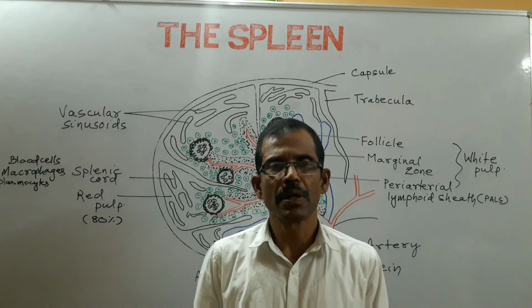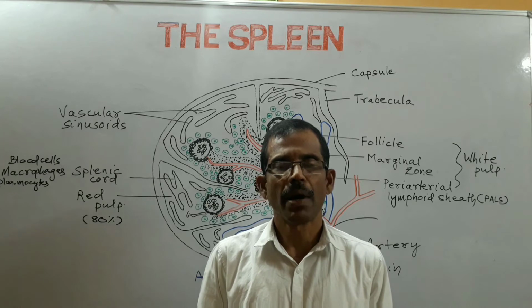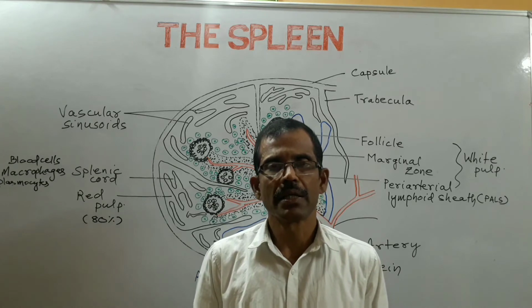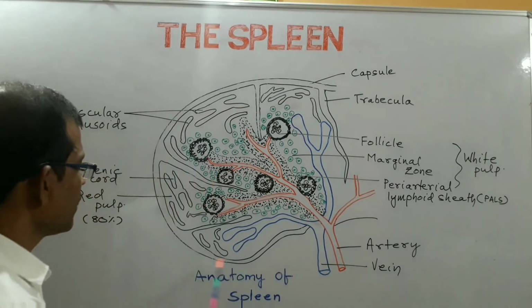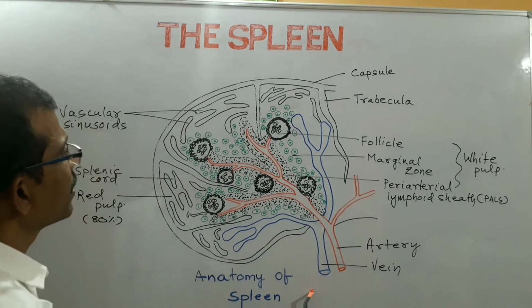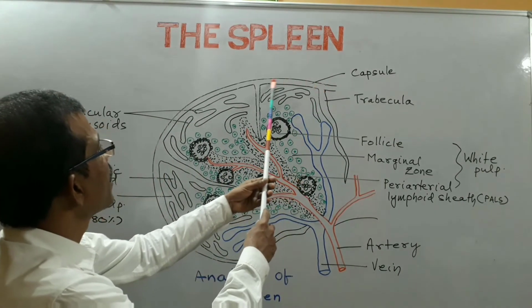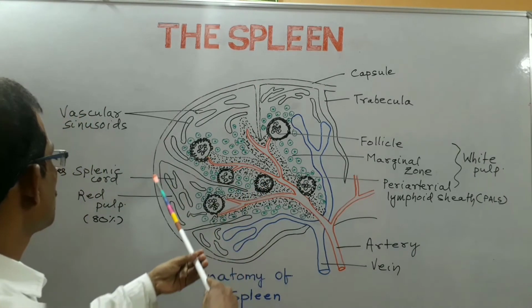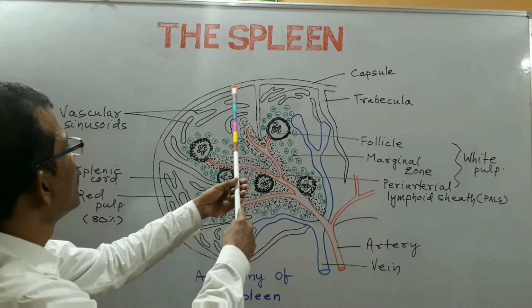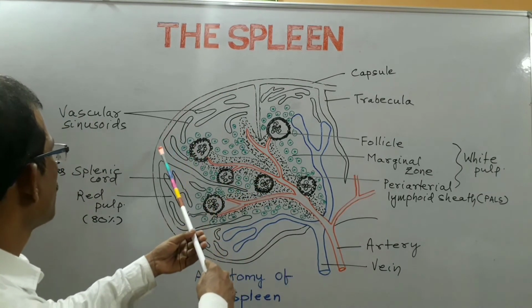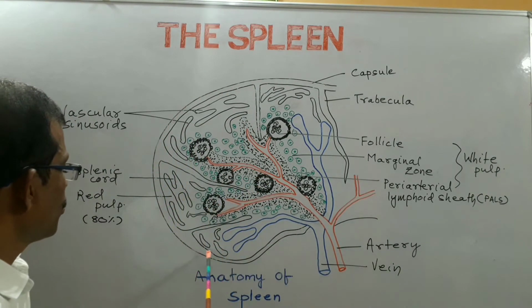The capsule consists of fibroelastic connective tissue. This diagram explains the internal structure of the spleen, and this is the capsule. The capsule covers the spleen and it consists of dense irregular fibroelastic connective tissue.